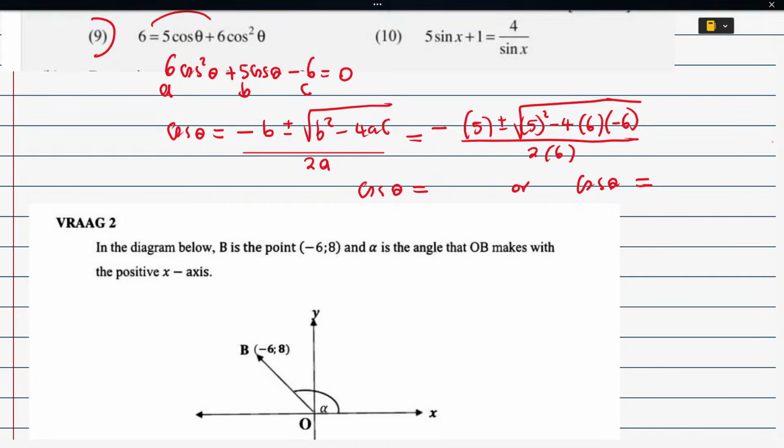You take this 6 this side. See? Then it's quadratic. That is the value of A, the value of B and C. So can you tell me the values? It's negative 3 over 2 and 2 over 3. The one which is more than 1, you say no solution.